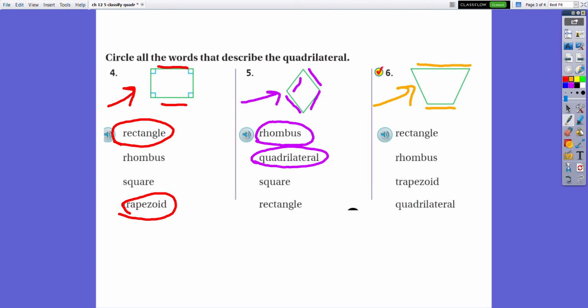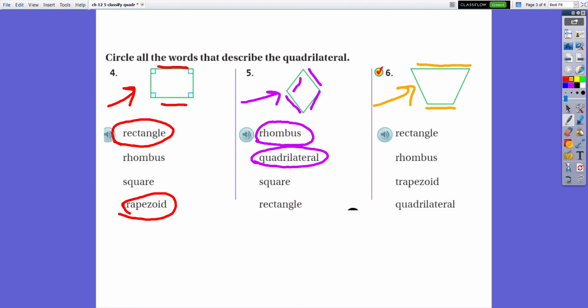To tell this is a rectangle, we have to have two pairs of parallel sides. Okay, can we say this is a rhombus? Remember, what does rhombus mean? Rhombus means two pairs of parallel sides and four sides of equal length. So this shape doesn't have four sides of equal length and it doesn't have two pairs of parallel sides. It has only one pair. So this is not a rhombus.